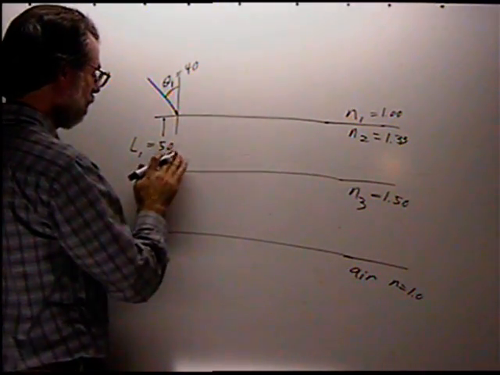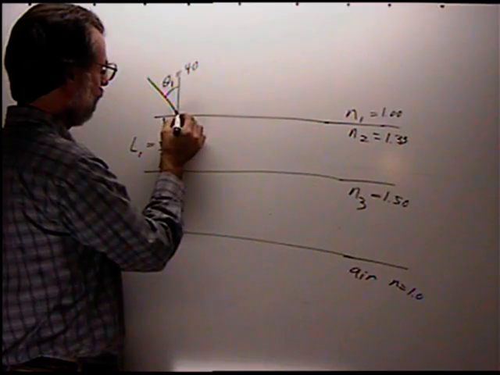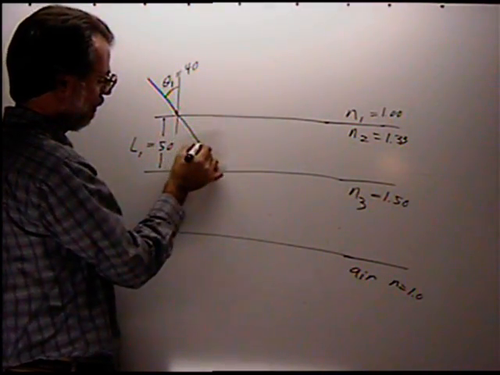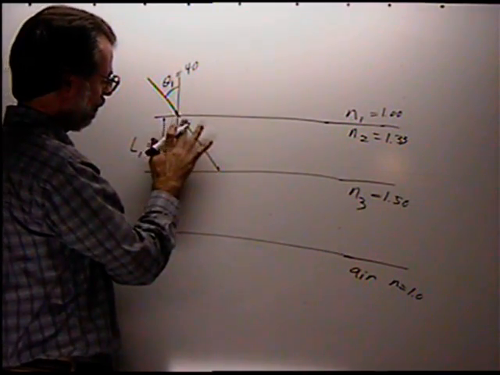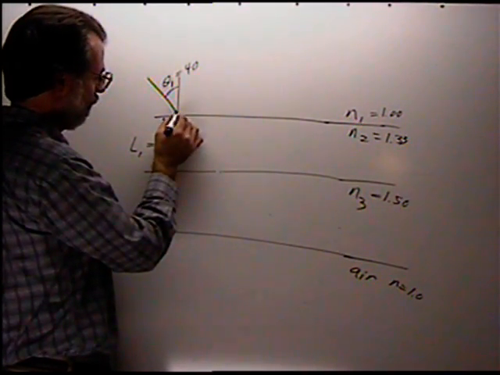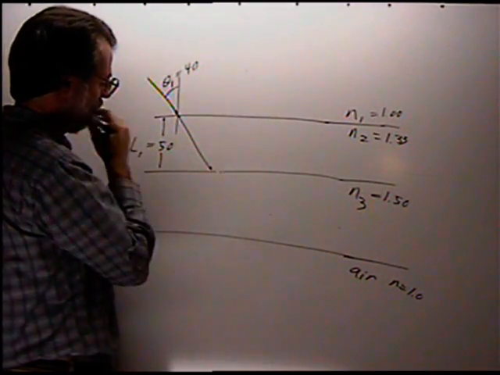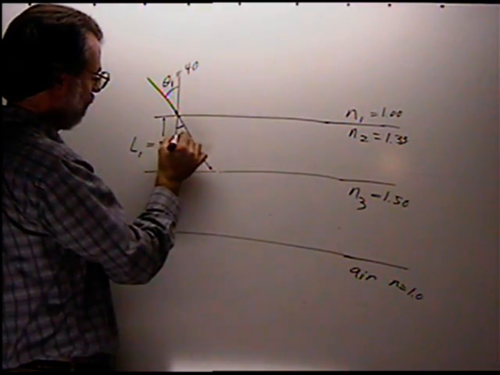So we know that we're going to get a refraction here. Whoops, maybe I didn't draw that very well. It's going to pull inward, refract. Okay. So this is theta 2.